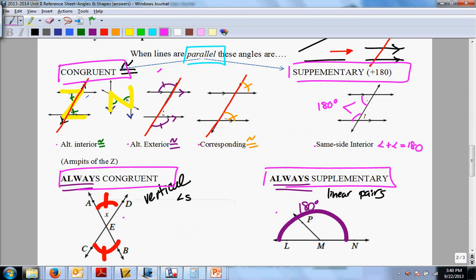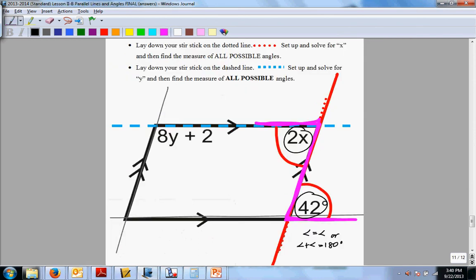If so, you use angle equals angle. If they're same side interior, you use angle plus angle equals 180. So you need to figure out which set is used when angles are on the opposite side of the stir stick, but still between the lines. Once you solve for x, also find all possible angles.